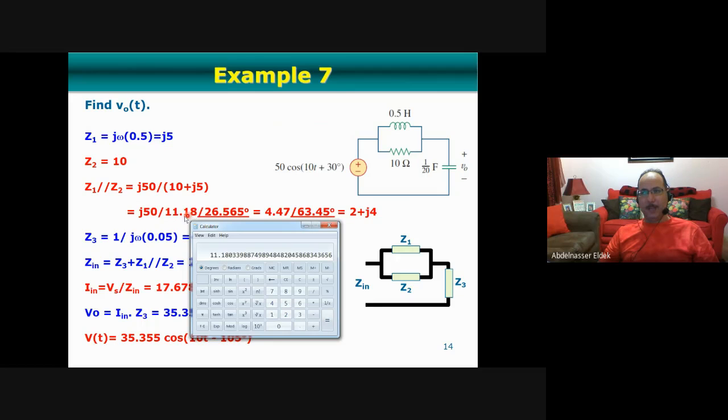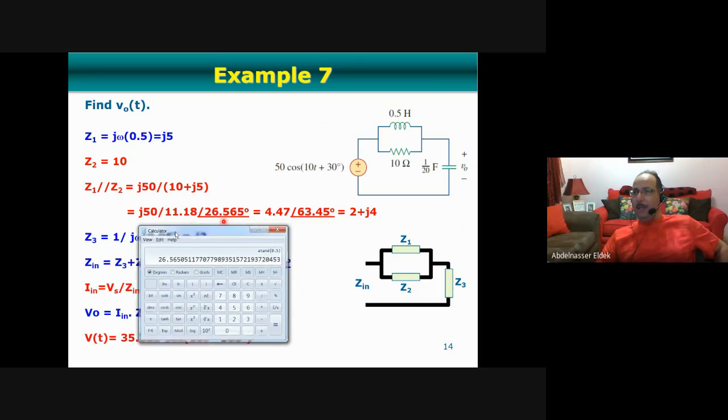So this is the amplitude. What is the phase? The phase is 5 divided by 10 equals, and then inverse tan is 26.56 degrees. Okay, so this is the denominator here.